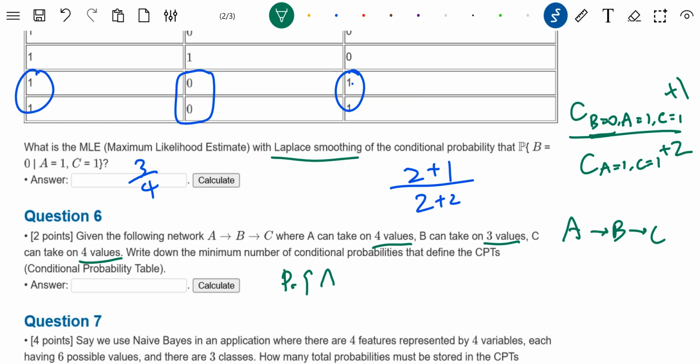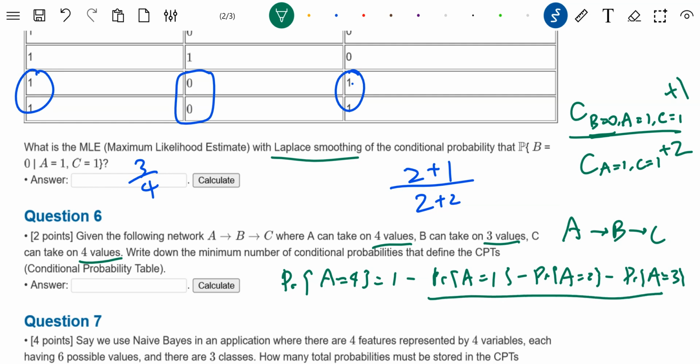It's basically, if we want the probability of A is 4, it's just 1 minus probability of A is 1, minus probability of A is 2, minus probability of A is 3. So for A, you just need to store 3 variables.